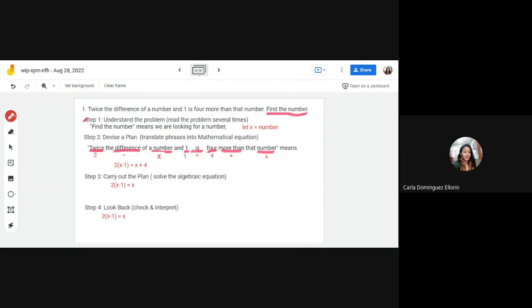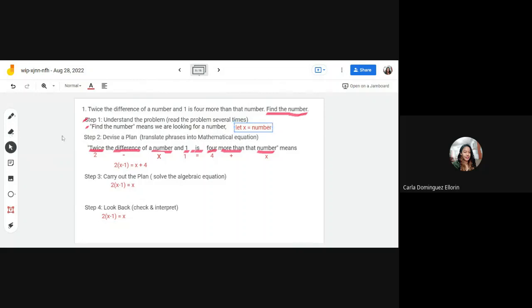You can use a letter from A to Z to represent the unknown number, but the most commonly used variable is x. So find the number means we are looking for a number, so we will let x equal the number. Since we don't know the value of that number yet, let's represent it by x.